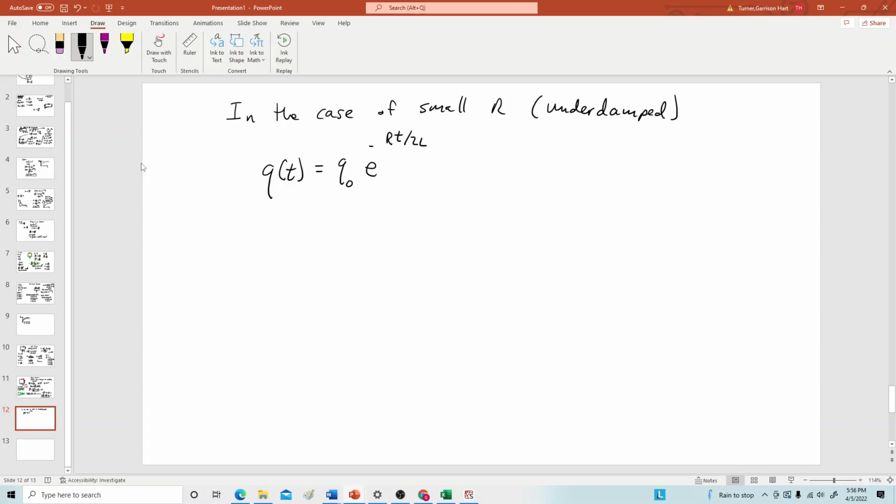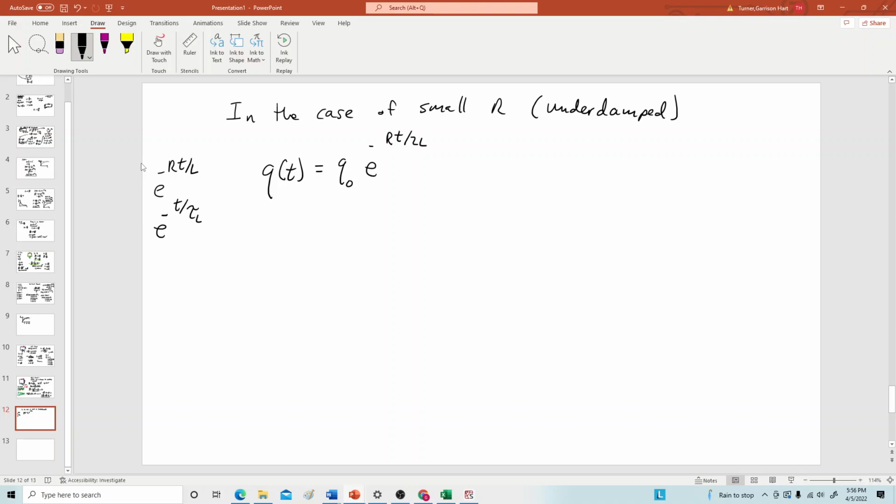The 2 is a new thing, but e to the negative Rt over L is the same thing as e to the negative t over the inductive time constant.